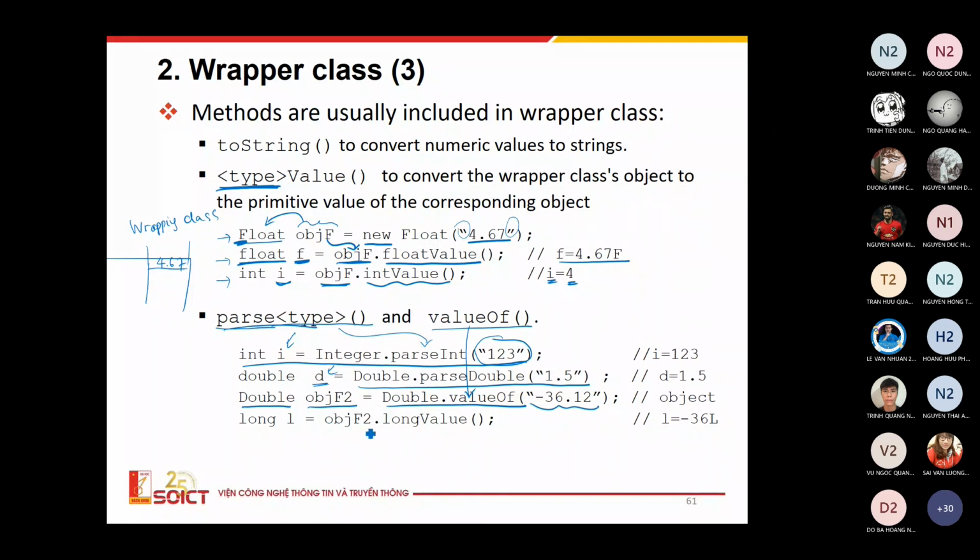And here you can change the value from object F2 with this call to a long value and assign it. So these are some common methods you can use for the wrapper classes.